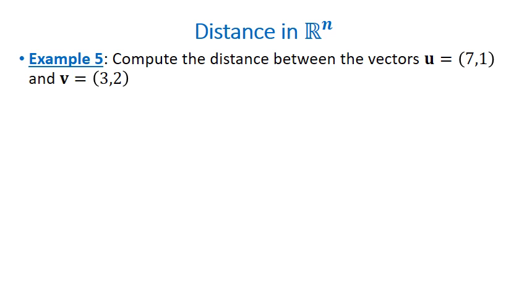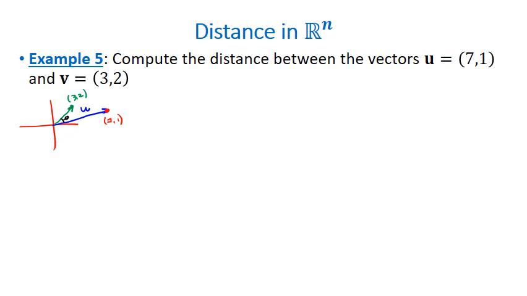If I want to find the distance between these two vectors, and remember, these vectors are in 2 space, so we can sketch them in. Vector 7, 1 is this vector here, so this would be the point 7, 1. And then vector u, the point 3, 2, would maybe be this here. We want to find the distance between the two.